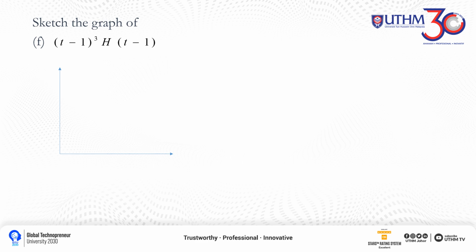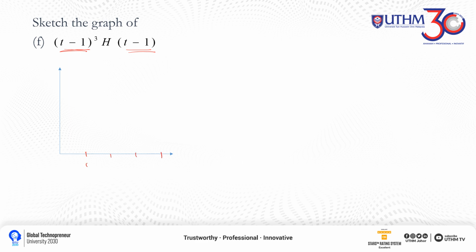For this question, t minus 1 power of 3 multiplied by u(t minus 1). If you notice, both are at t minus 1. So this means that for both t minus 1, t minus 1, it will move the graph, or we can say that it delays the graph 1 unit to the right hand side. Okay, so to draw the graph, we can do it like this.